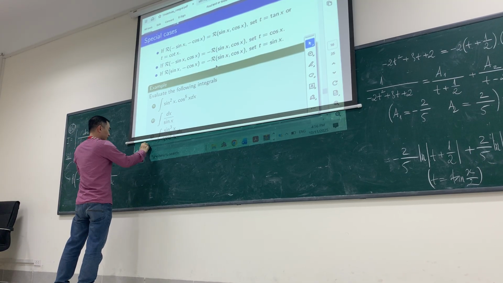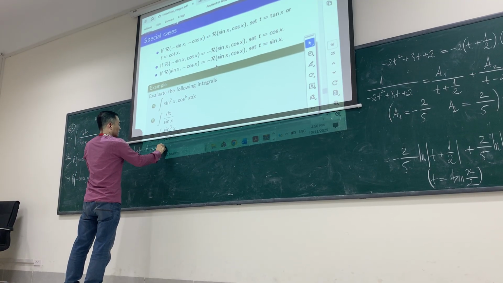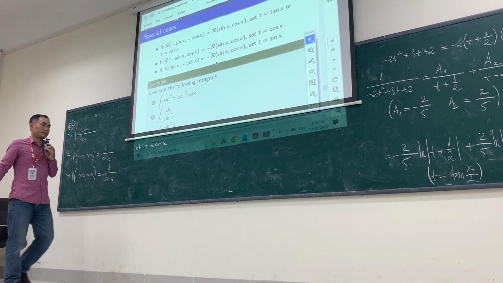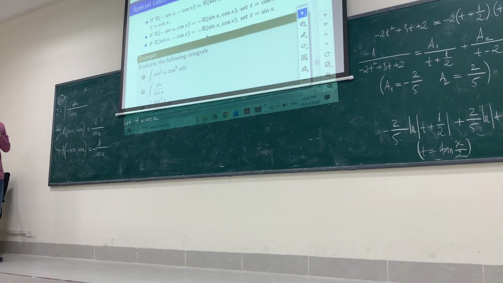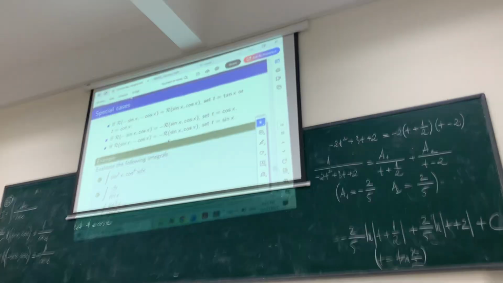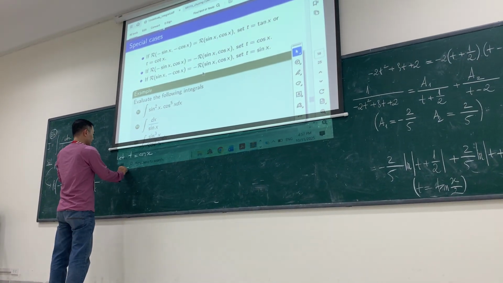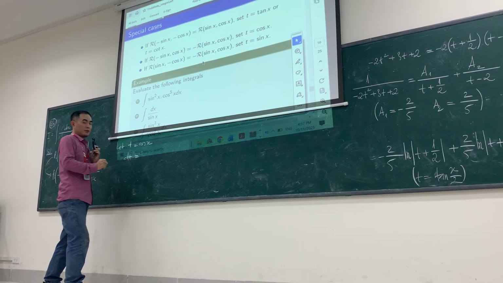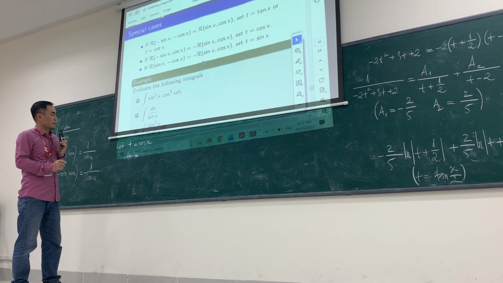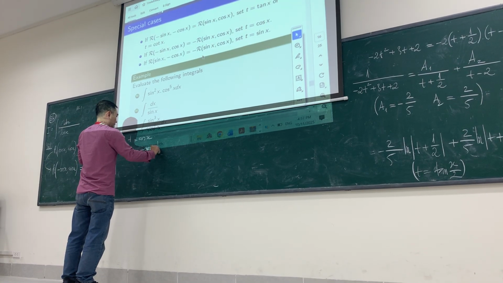Let t be equal to cosine x. Then dt is equal to minus sin x dx.